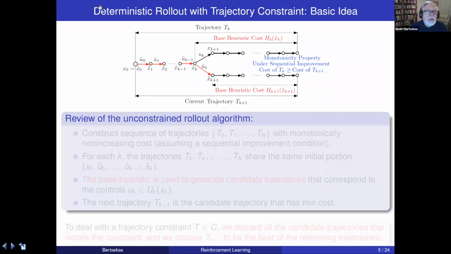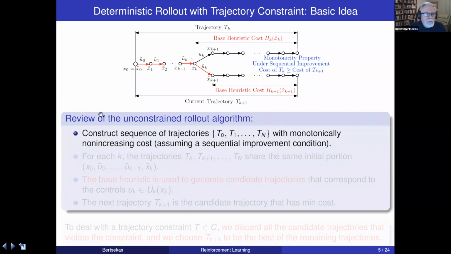Okay, so let's review the unconstrained rollout algorithm and see at what point we have to modify to deal with constraints. Remember that the algorithm constructs a sequence of trajectories.